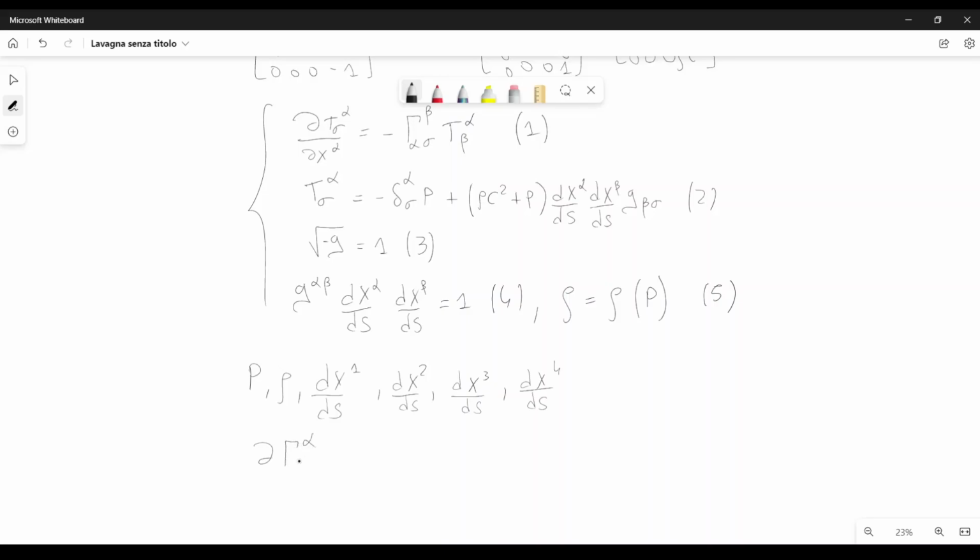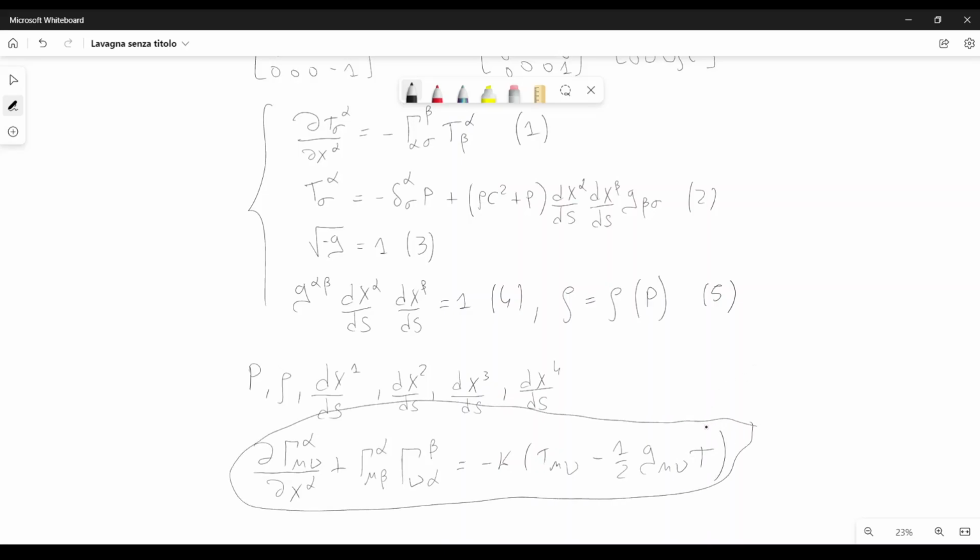We have d gamma alpha mu nu with respect to x alpha plus gamma alpha mu beta times gamma beta mu alpha equal to minus k t mu nu minus 1/2 g mu nu times t. Now this equation here already contains equation 1. So if we consider this equation, we cannot consider 1 to be independent. So this equation here should be disregarded in this case.